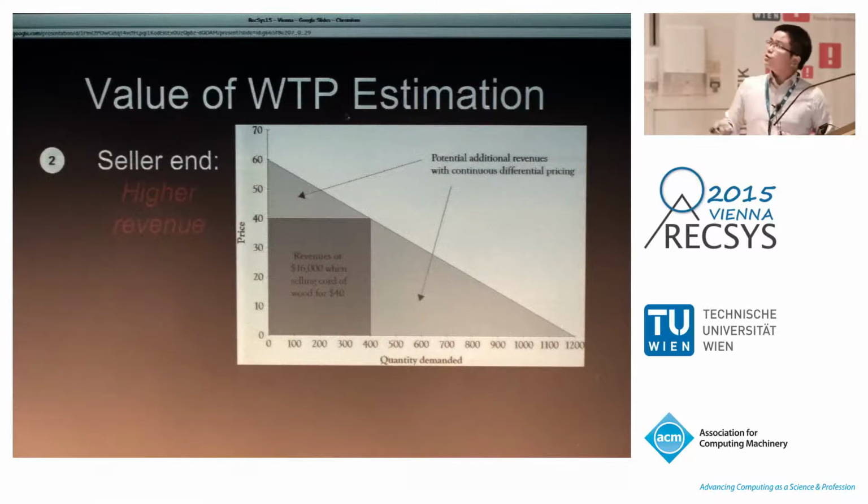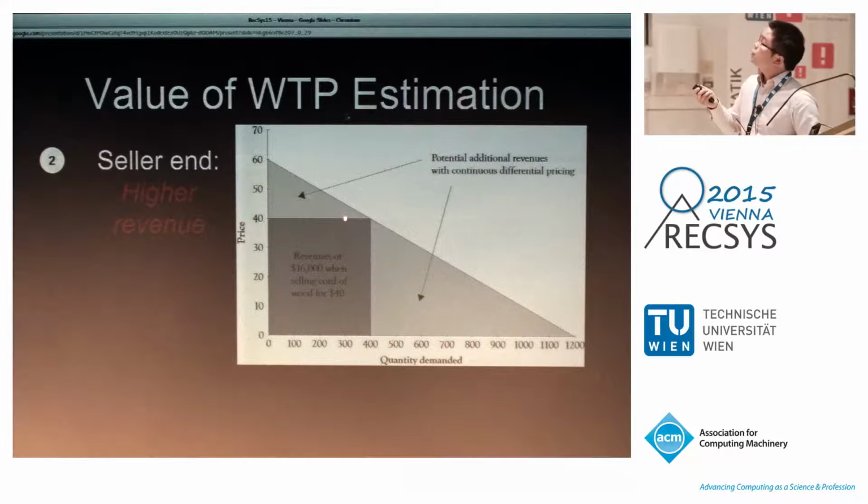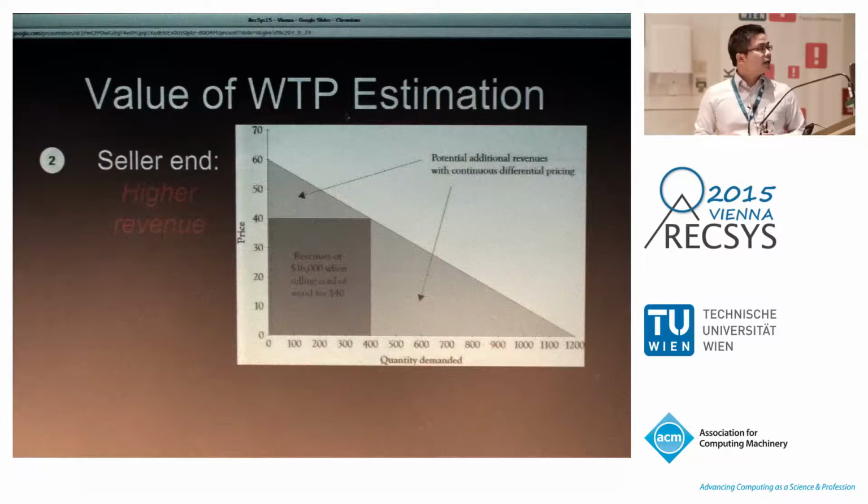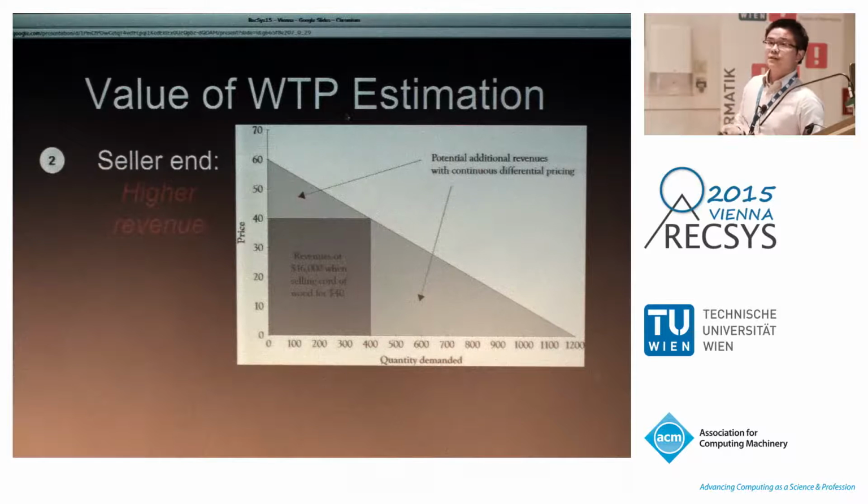We notice that there are people who are willing to pay more than $40 for this product. So what if we are able to identify this group of people and set the price the same as the amount they want to pay? What will happen? Apparently we are able to obtain more revenue, as much as the area of this upper triangle, right?